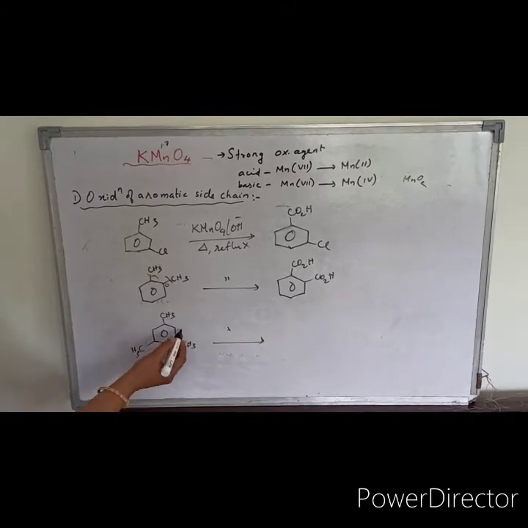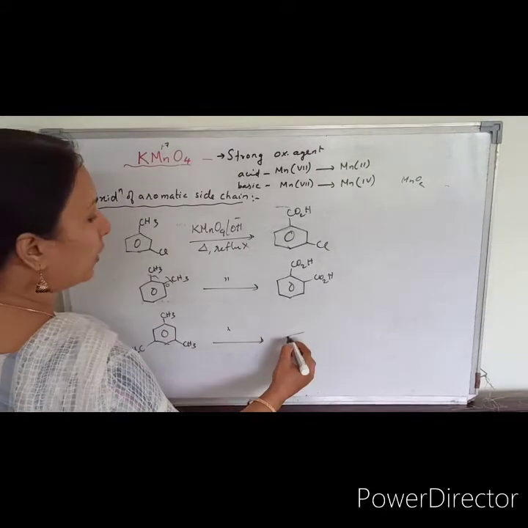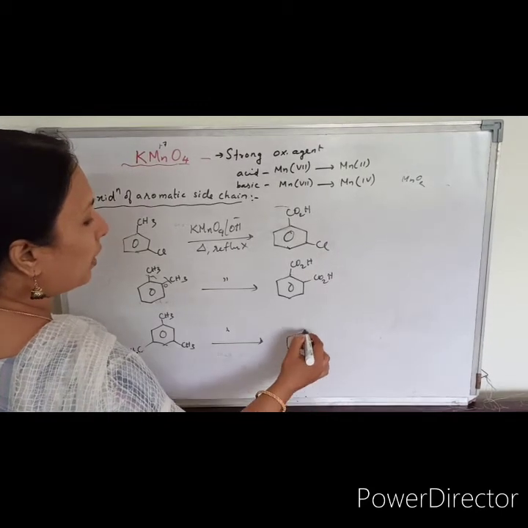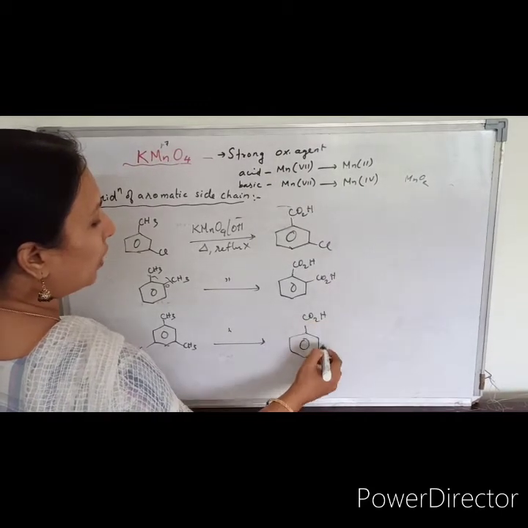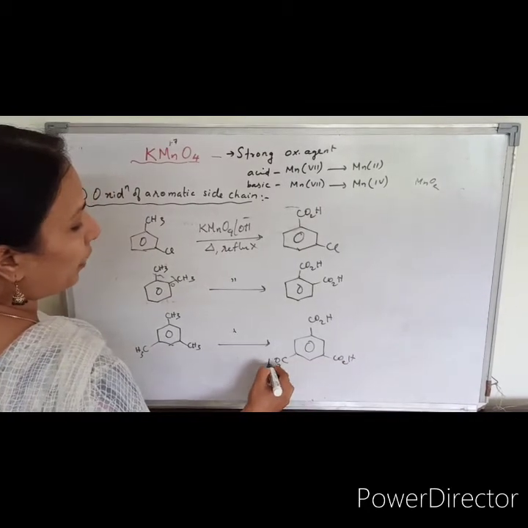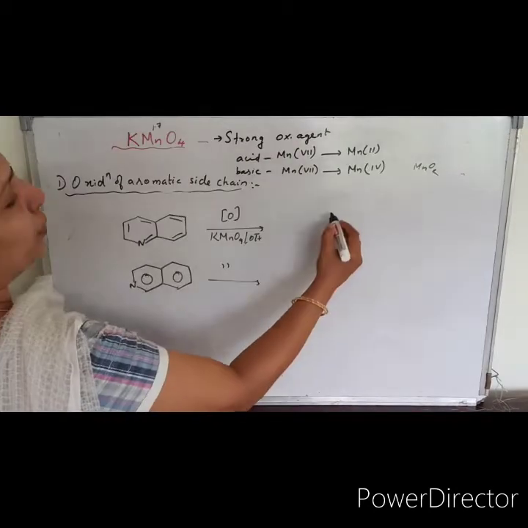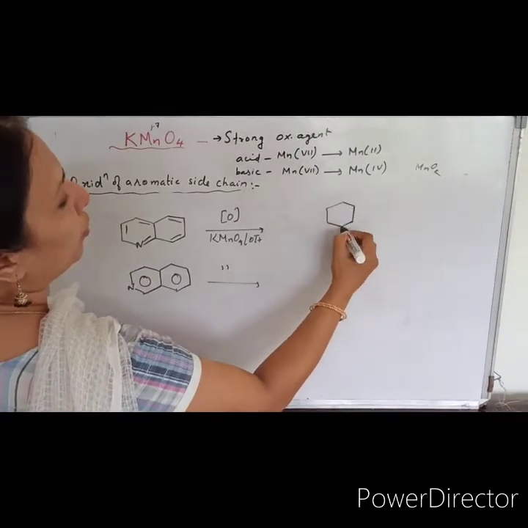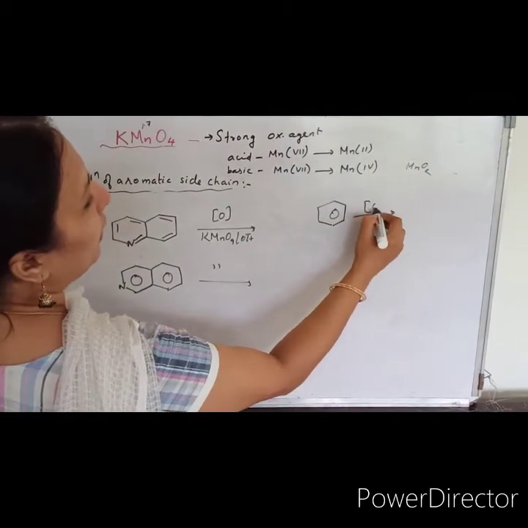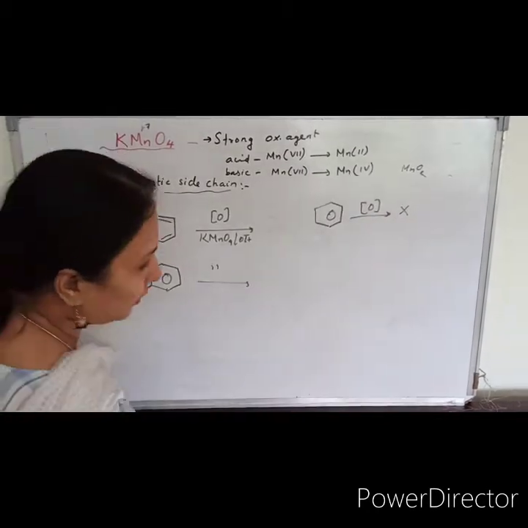If you have 3 such groups, all 3 alkyl groups will be oxidized to the corresponding tricarboxylic acid. The benzene ring itself is resistant to oxidation under these conditions of alkaline KMnO4; it will not undergo oxidation.